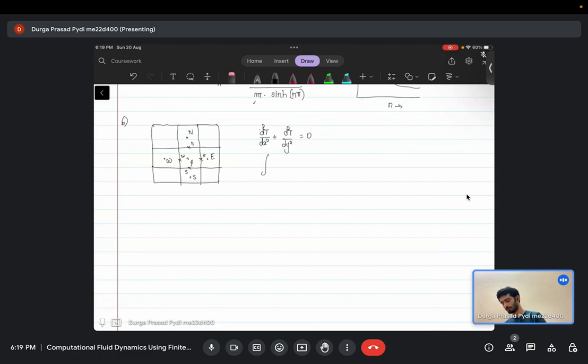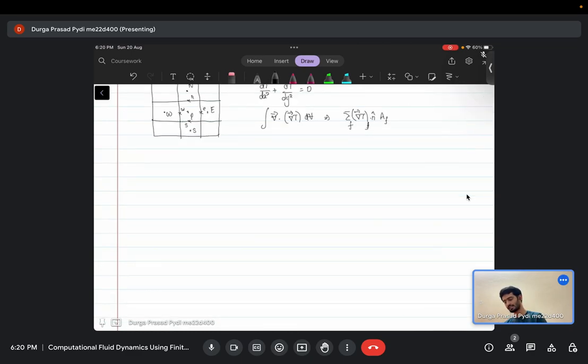If you are familiar with vector calculus, you have the integral of divergence of grad T dV, which will essentially give you the summation of grad T dot n cap into A_f, taken over faces. This is what I will be using.